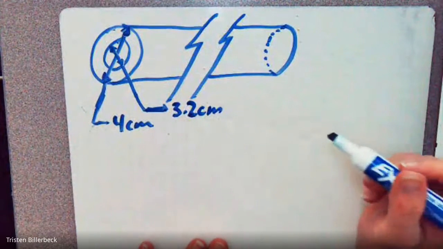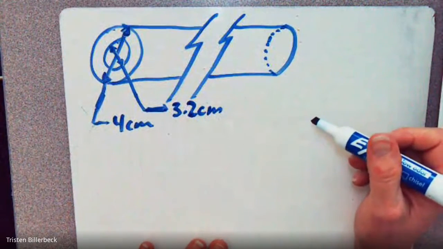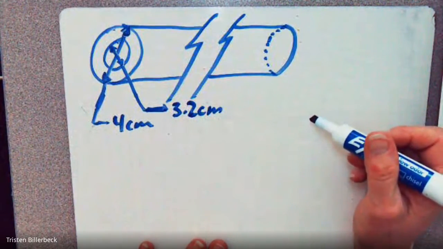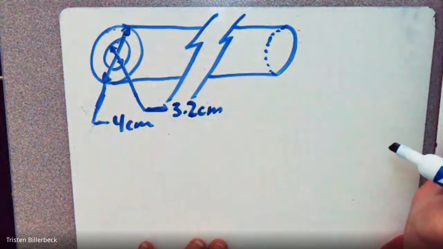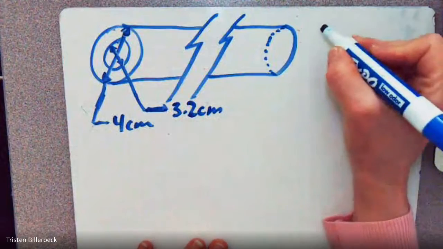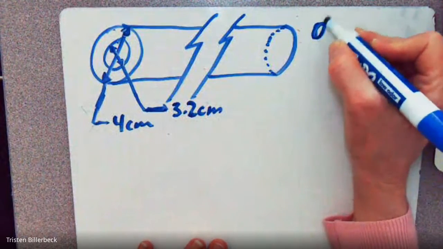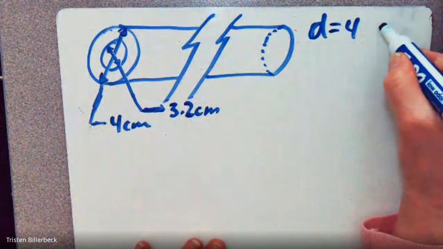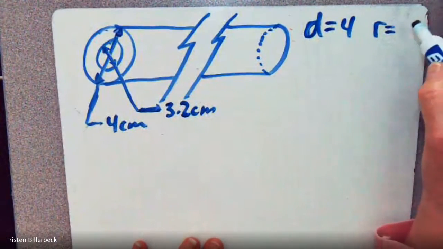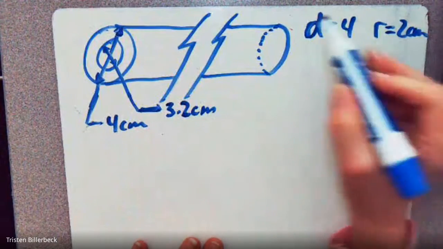Okay, so all of our formulas are using radius. So what we want to do before we start committing ourselves to lots of math is we want to find that radius. So the diameter of 4 would mean the radius of 2 centimeters.